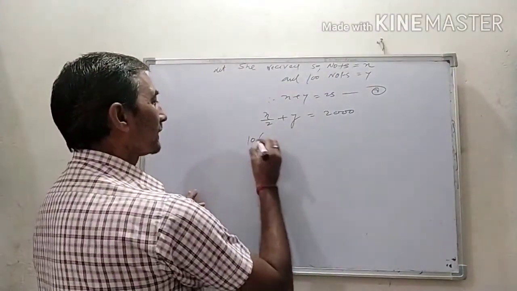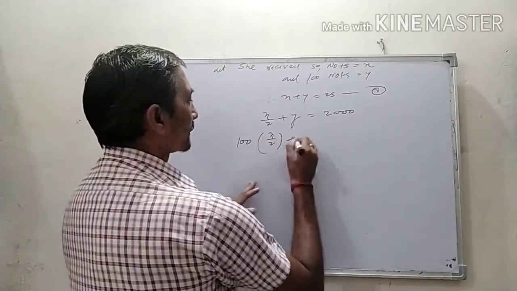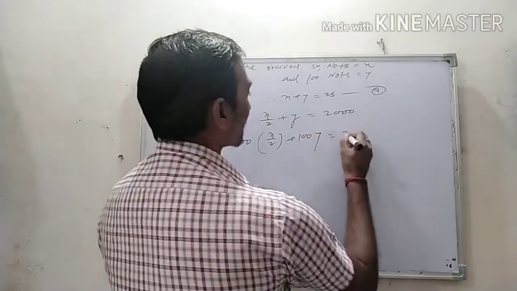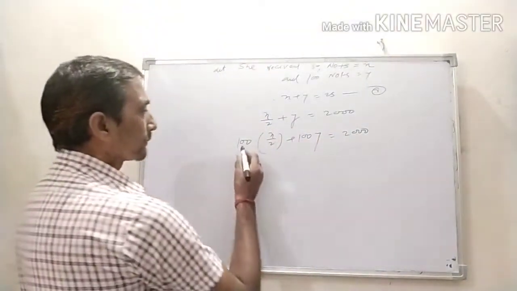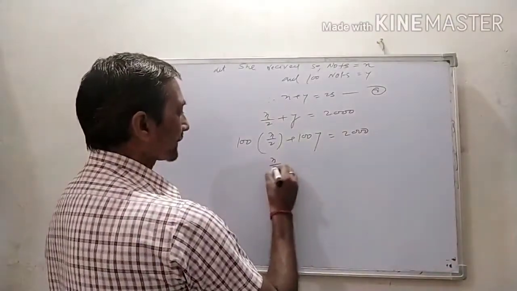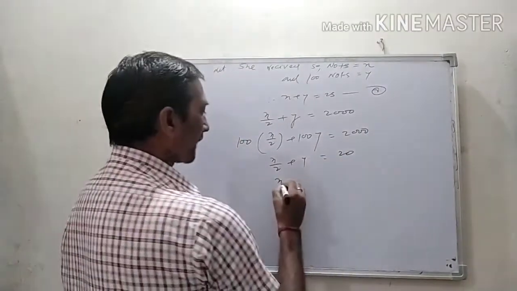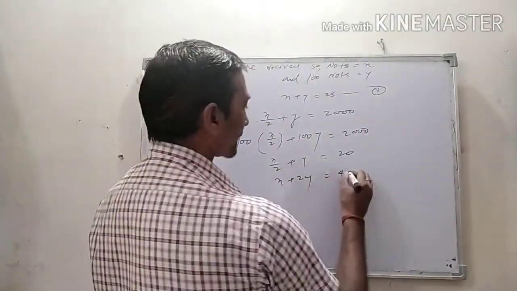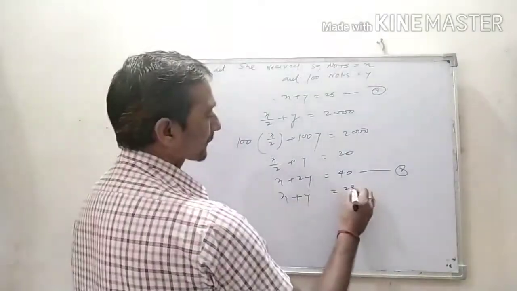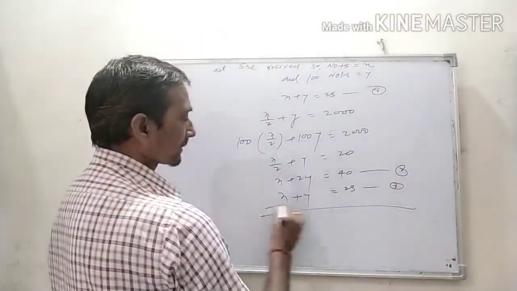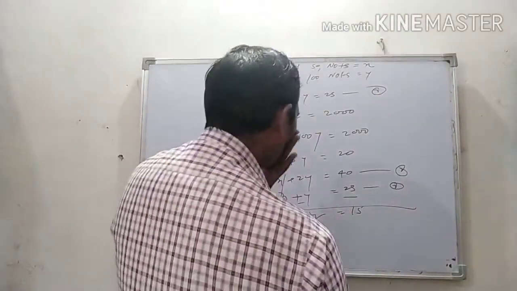This is 100 into x by 2 plus 100 into y equals 2000. This is clear. Now, dividing by 100, x by 2 plus y equals 20, so x plus 2y equals 40. Second equation. X plus y equals 25, first equation. Subtracting, y is equal to 15.